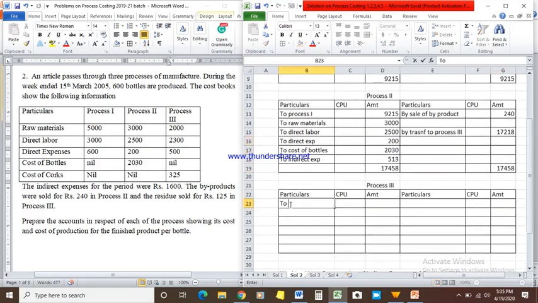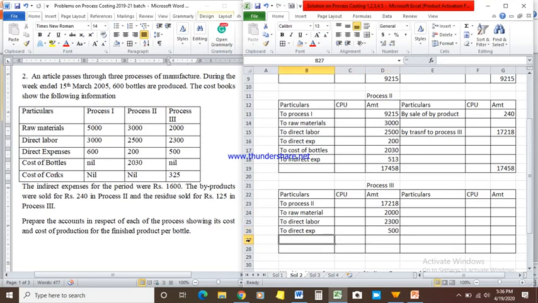Next, to process 3 account debit to process 2 account, that is 17,218. Again, write all the expenses connected to this process. To raw material 2000, to direct labor 2300, to direct expenses 500.